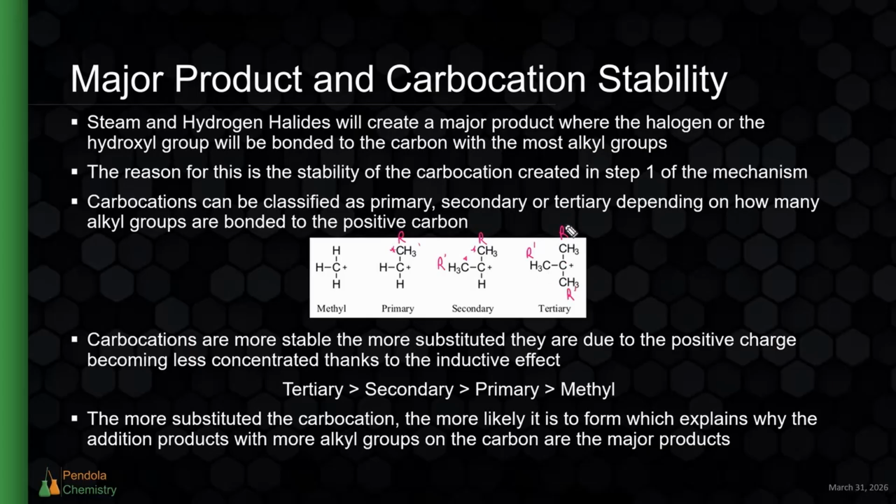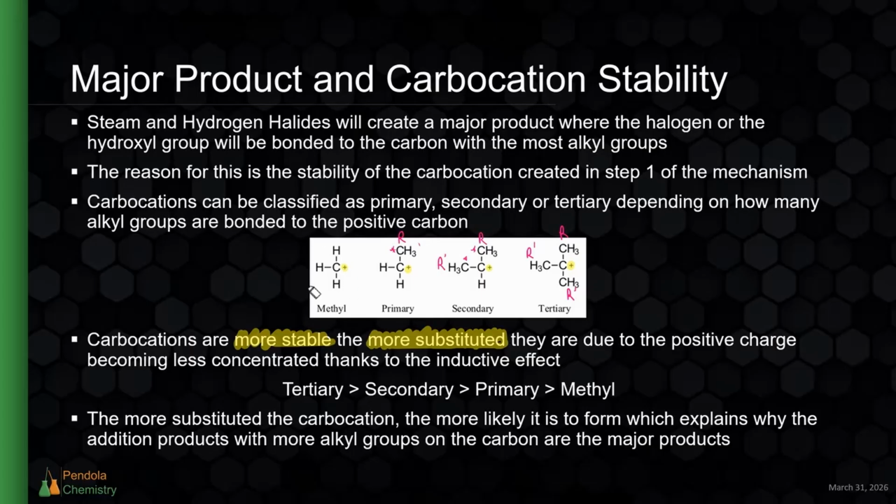So, what happens here? Carbocations are going to be more stable the more carbons they are attached to. They're more stable the more substituted they are, as we call it, the more carbon chains attached to the positive carbon.